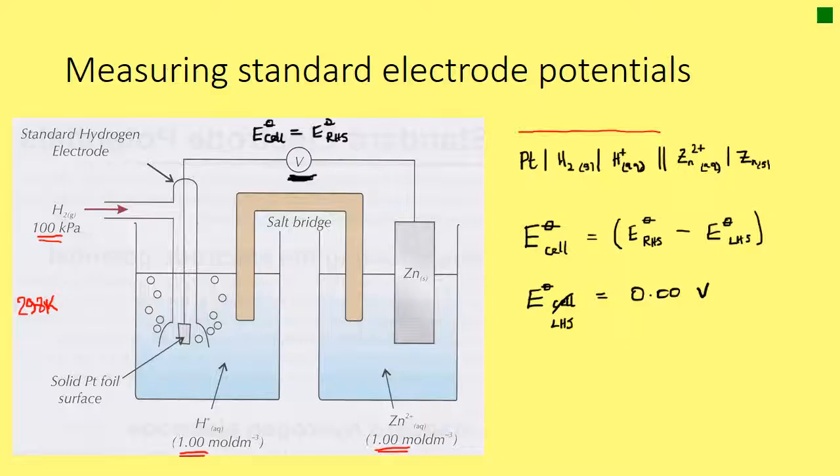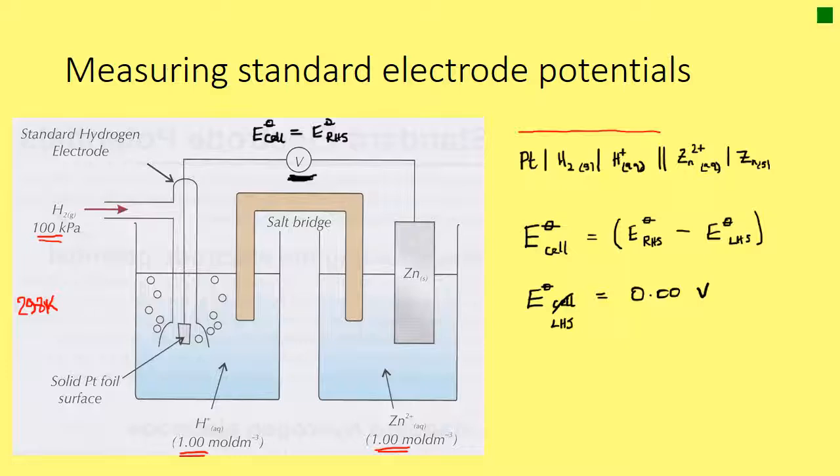So firstly, let's write down the standard representation of this cell. You notice on the left we have the standard hydrogen electrode with the platinum electrode, and that's a solid. So we need a solid vertical line between that and the hydrogen gas.